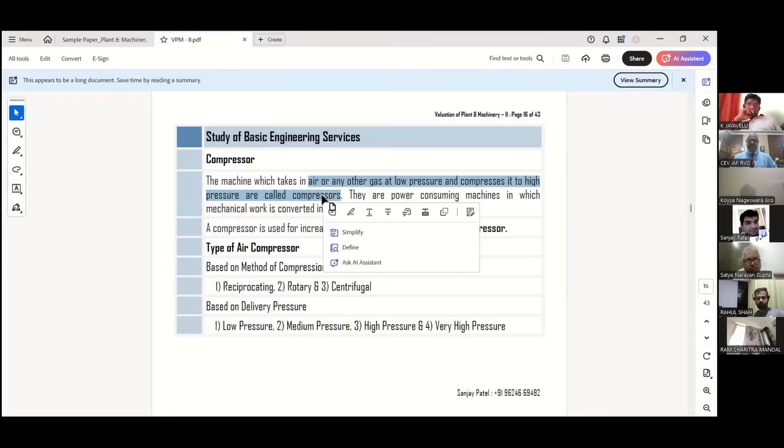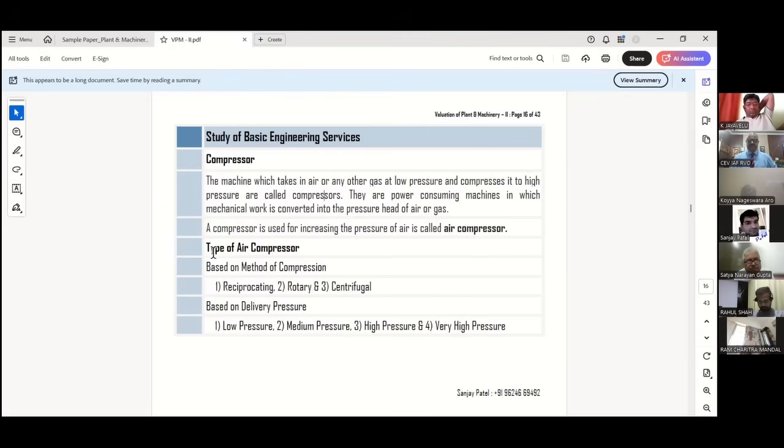Whatever the moisture content, dust particles or oil content, whatever impurities are in the air, it also filters out using the filter in air compressors. Okay. So again, types of air compressor, based on the method of compression: reciprocating type, rotary type, centrifugal types.